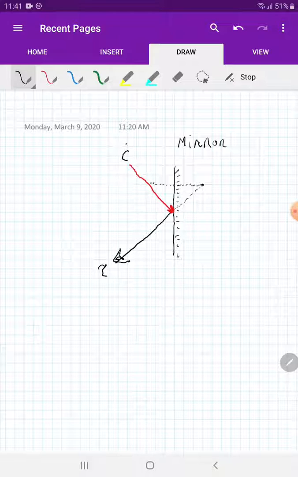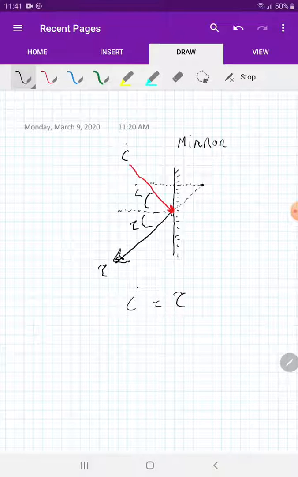In order to measure the angles, we have to draw a normal where the ray hits, and then we get here our angle of incidence and our angle of reflection. And the law of reflection means that the incident ray angle equals the angle of reflection.